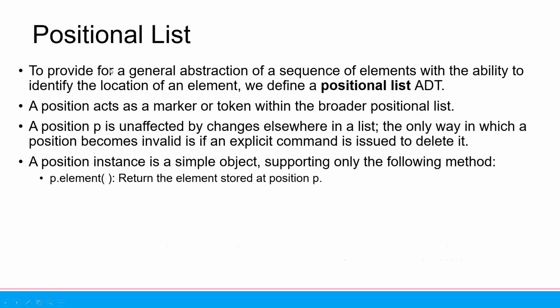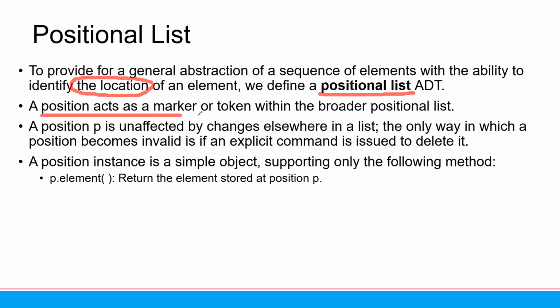There's another type of list, we call it the positional list. The positional list provides a general abstraction of a sequence of elements with the ability to identify the location of an element. This is the keyword, location of an element. By location, we mean we want to see the position in that list.